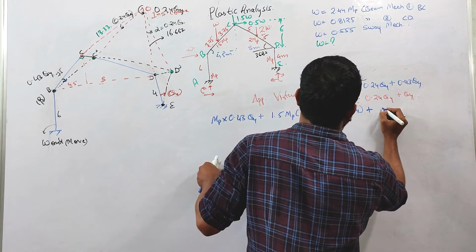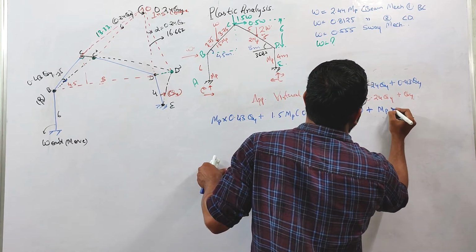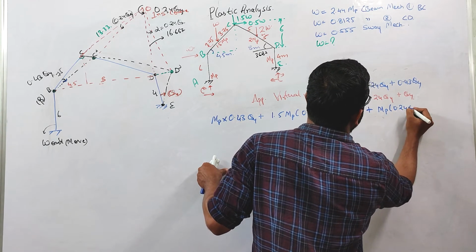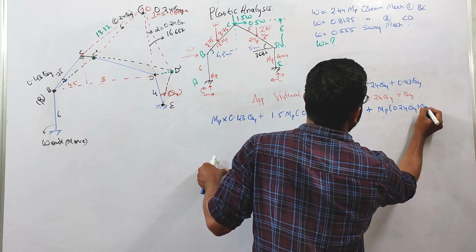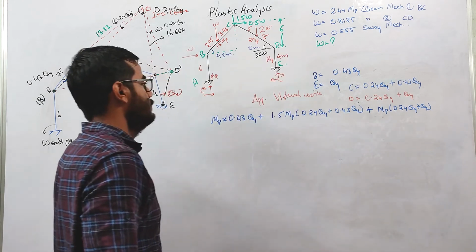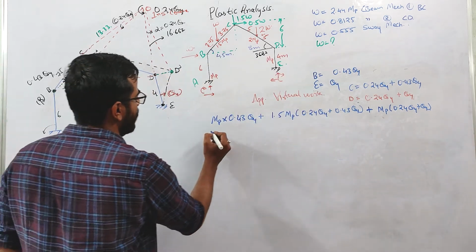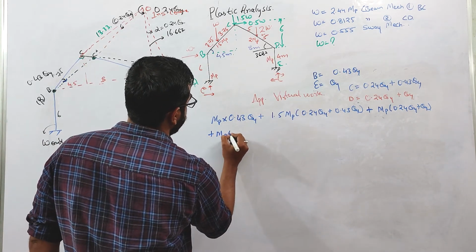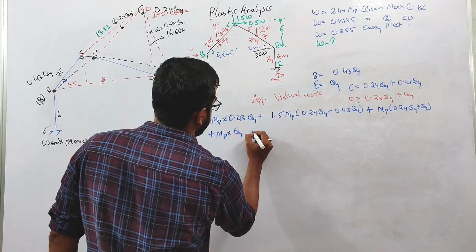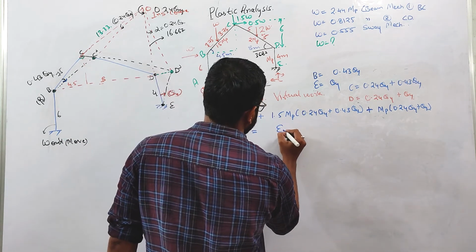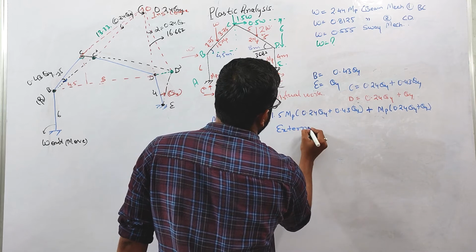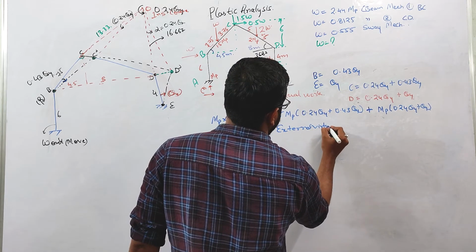the plastic hinge will form in a weak member, so it will be MP into 0.24 theta 4 plus theta 4. Similarly at E point, it will be MP into theta 4, and this will be equal to the external virtual work.